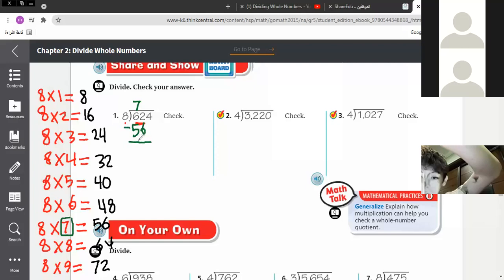62 minus 56. Can you count after 56 to get 62? Saad, what is the answer? 62 minus 56.